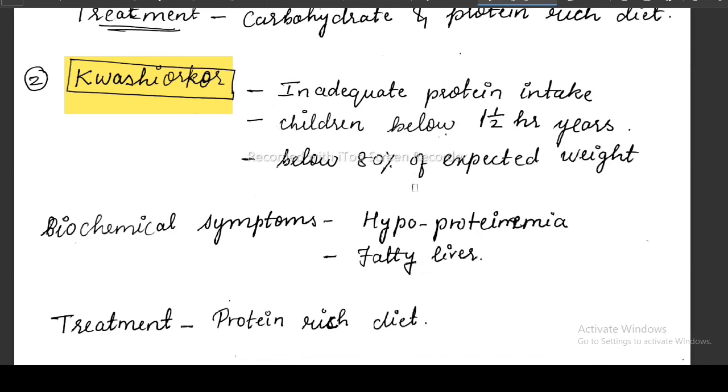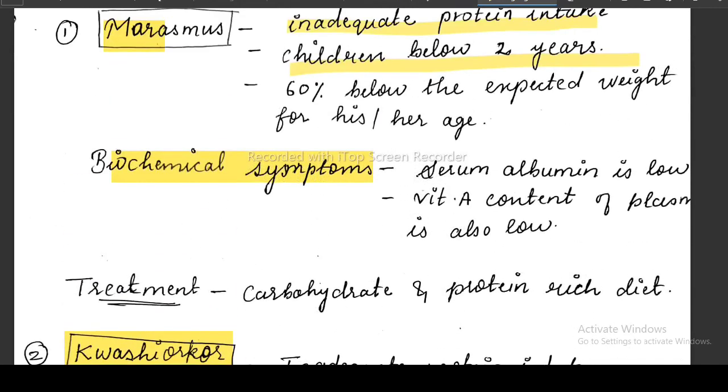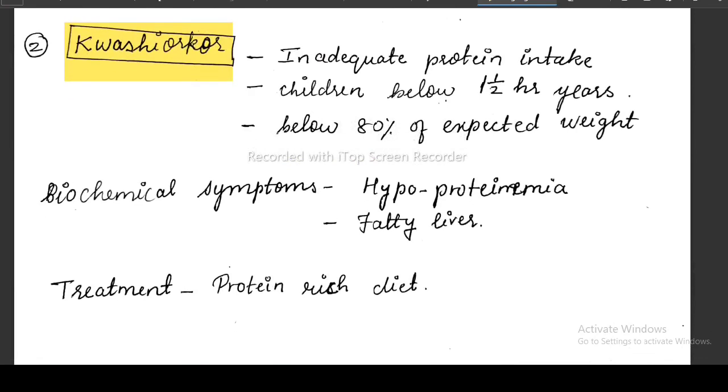Next, it is caused below the expected weight, here 80% below the expected weight of a child, whereas in marasmus it was 60%. Basically it is not common in India, ये less common है India में, rather it is more common in foreign countries.